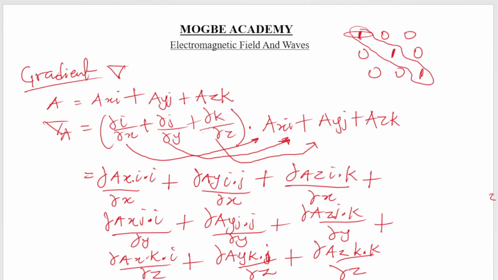Look at what we have here. This is I dot I. So we have this to be 1. So we have 1 multiplied by what you have here. You are simply having AX changing X. Now look at the next parameter here. This is I dot J, which is what we have here. And I dot J is 0. So 0 multiplied by every other parameter here will give you 0.